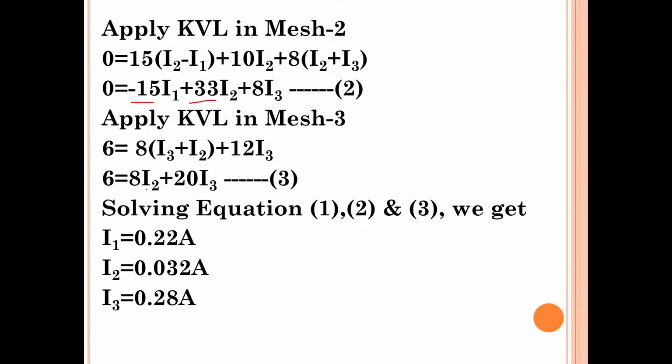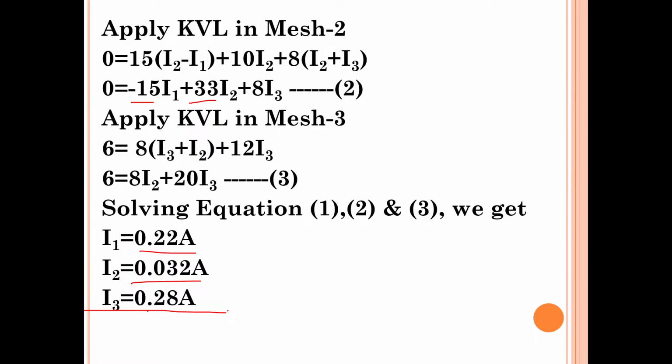Type 0, press equal to, then type 8, press equal to, again press 20 and equal to, and again 6. At last you will get I1, I2 and I3 values one after another.